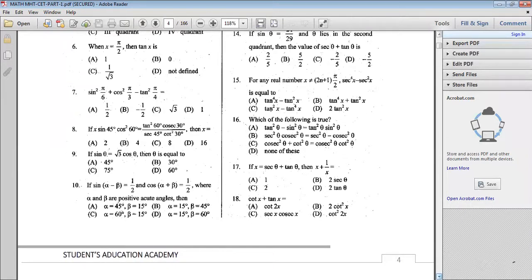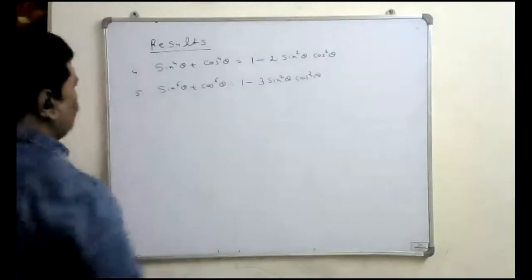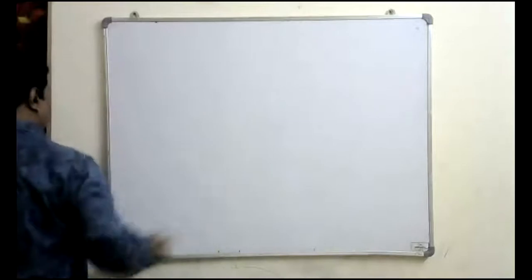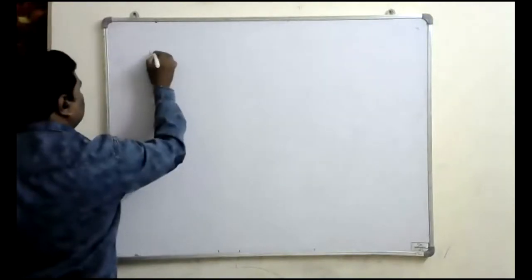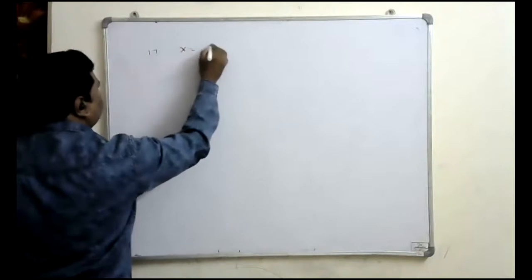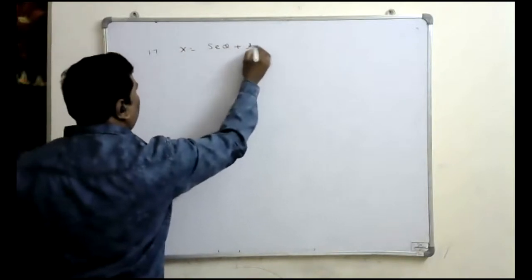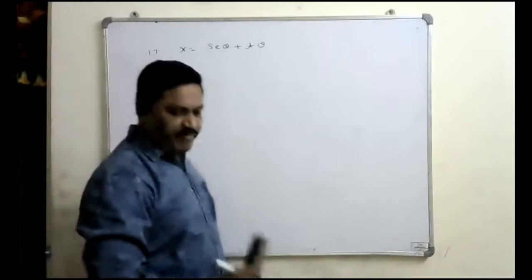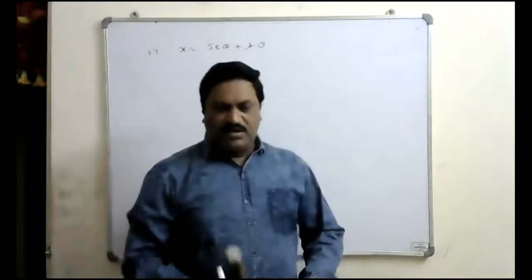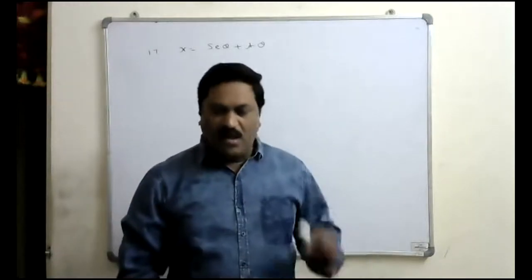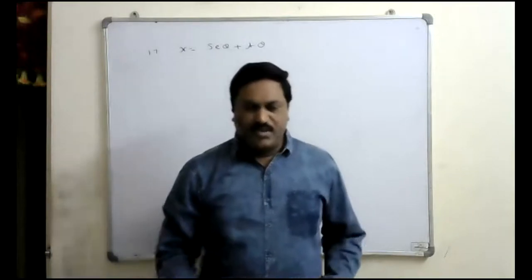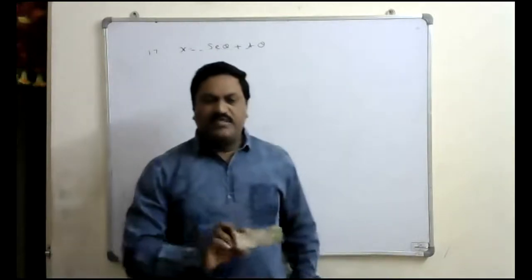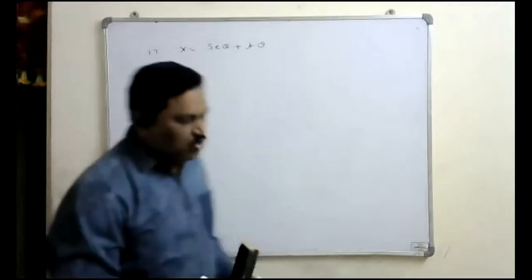Now, look at problem number 17. X is equal to secant theta plus tan theta. What is the value of x plus 1 by x? We know, because in the second derivative itself I gave you, that secant theta plus tan theta and secant theta minus tan theta are reciprocal to each other.